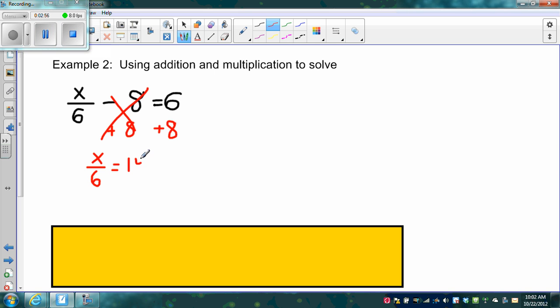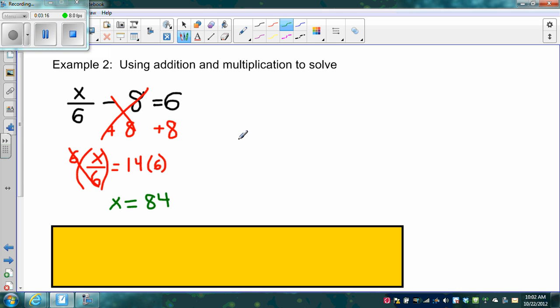In order to get x alone in this case, we want to multiply both sides by 6 because 6 divided by 6 cancels to be 1. And then we have 14 times 6. Which maybe you know this, but if you don't, you can plug into your calculator and get x equals 84.